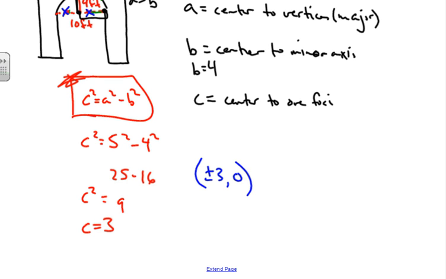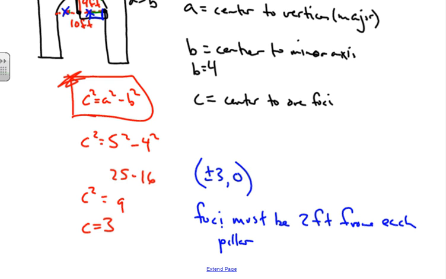Or if you want to think about how far that is from the side, you could also say the foci must be 2 feet from each pillar. Because we take 3 minus 5, this is our A value, and we get 2, so it has to be 2 feet from each pillar. So right here to here, it has to be 2 feet, because the other part is 3. So that's another way of looking at it. Either one you probably could use to determine this.